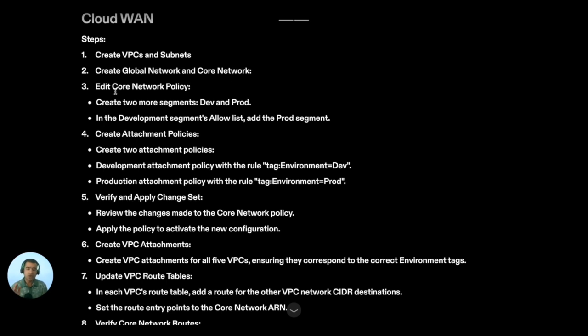Then we are going to edit the policy because we would like to add more segments. So we are going to create another segment, development, and we would also like to do route leaking between those VRFs, like production. You may have a situation where you have shared services or centralized services which need to be consumed by all the users.